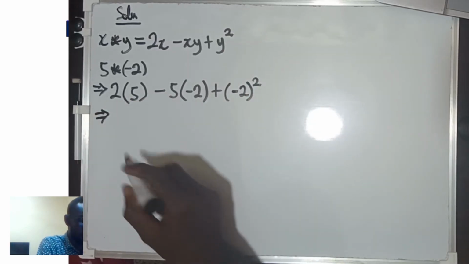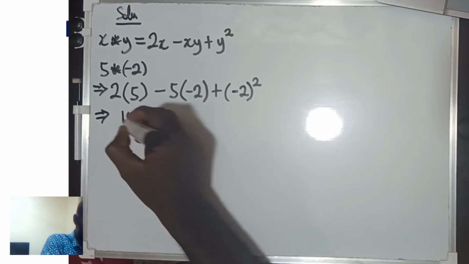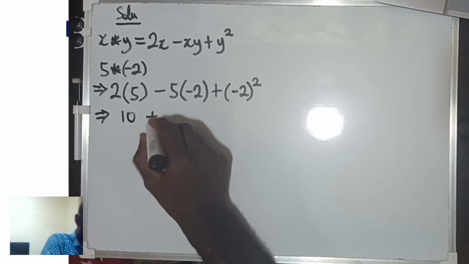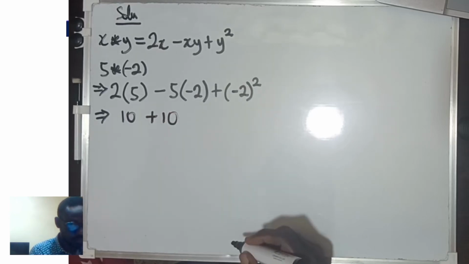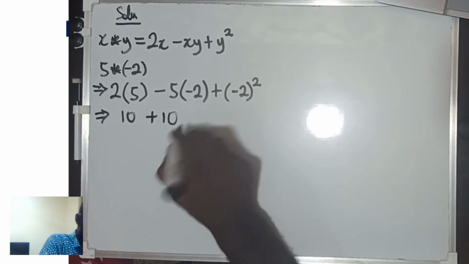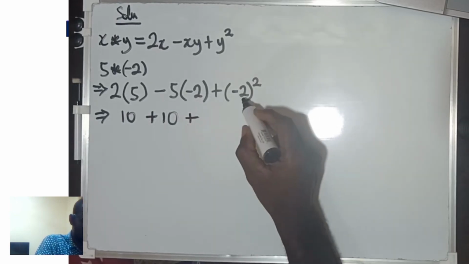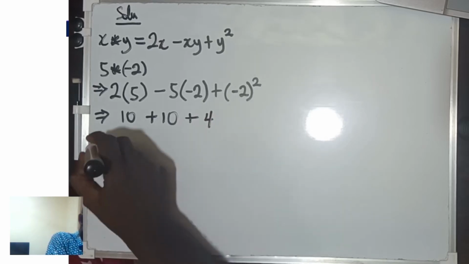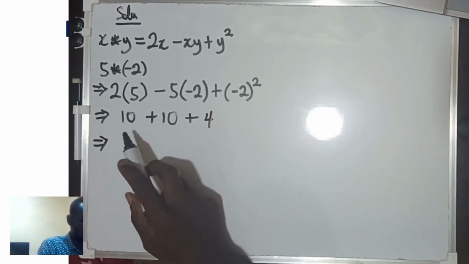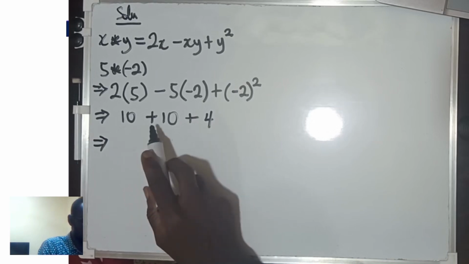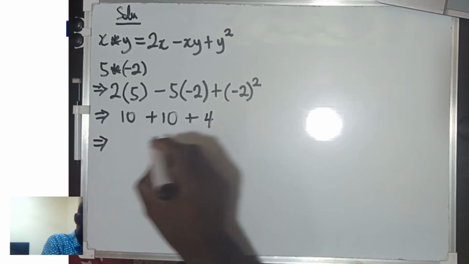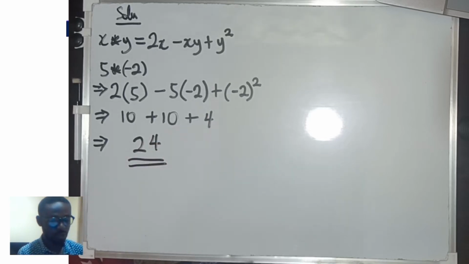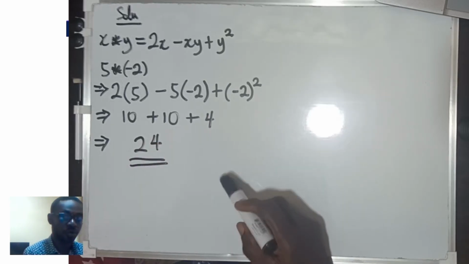Let's simplify further. 2 times 5 is 10. Negative 5 times negative 2 will give us positive 10. Then plus negative 2 squared is 4. So when you do this, you're going to get 10 plus 10, that is 20, plus 4, that is 24. So this becomes our answer for this particular question.